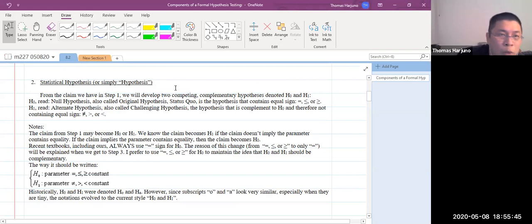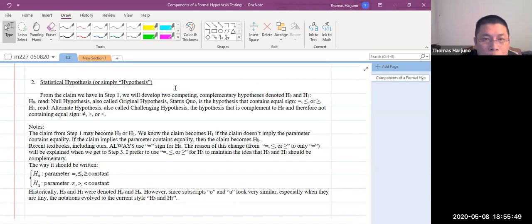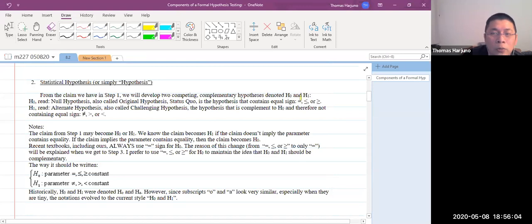From the claim that we have in step 1, we will develop two competing complementary hypotheses, denoted H subscript 0 and H subscript 1. Now, H subscript 0 is read null hypothesis.